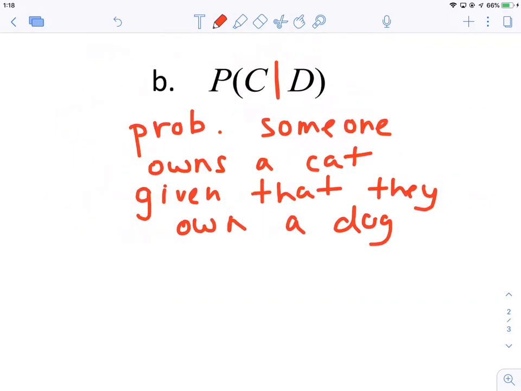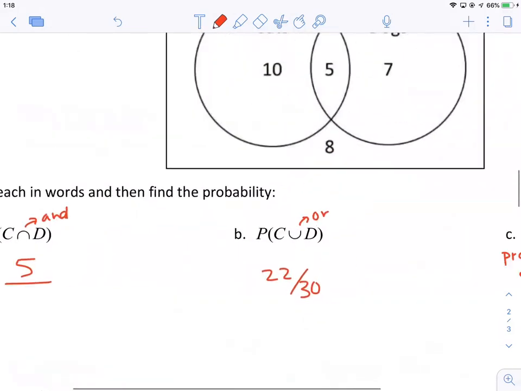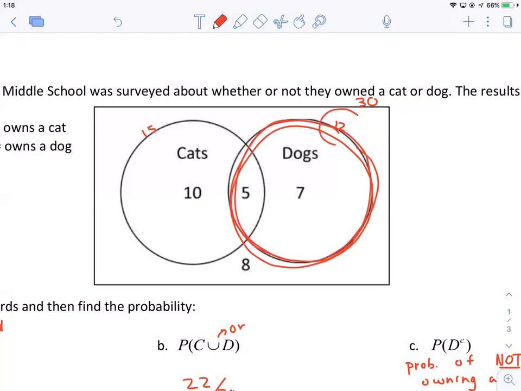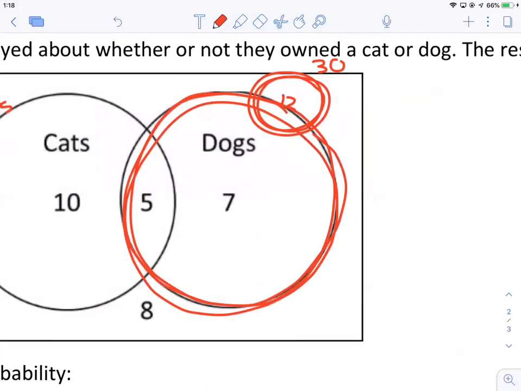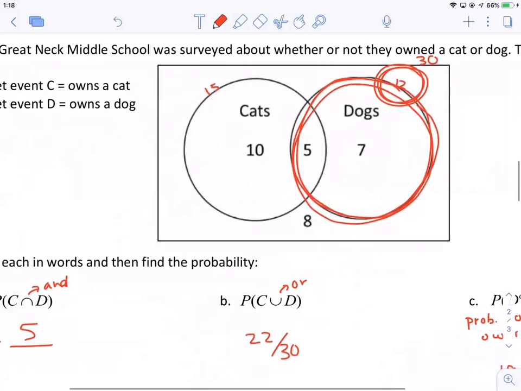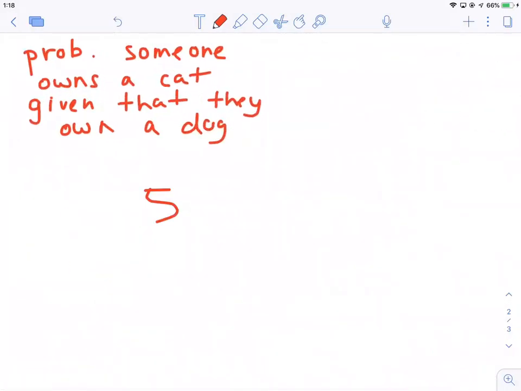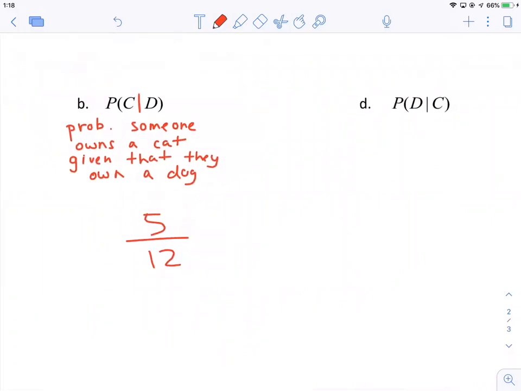In this case, we are not looking out of the 30 people, right? We're looking underneath the condition that they already own a dog, which means we're looking at this population of 12. So out of those 12, 5 people own a cat, and that's 5 out of 12.